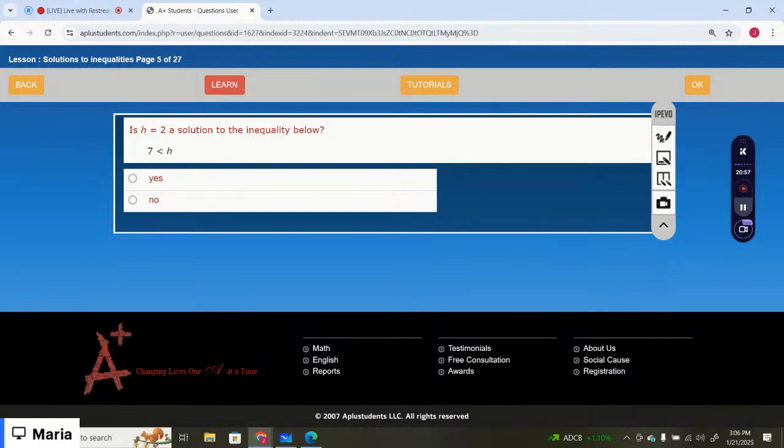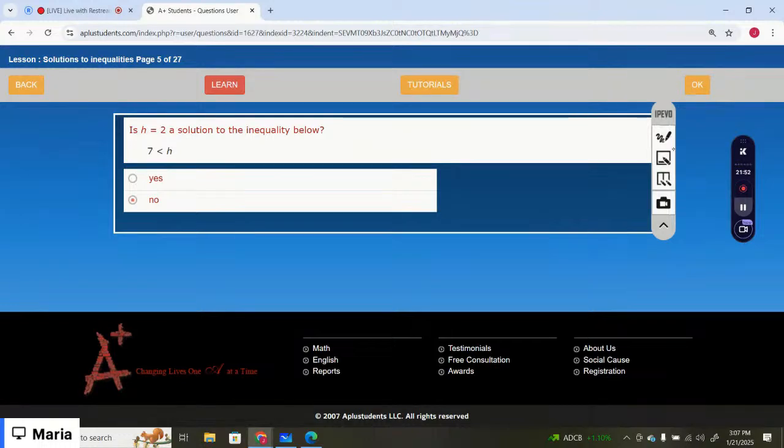Is h equal to 2 a solution of the inequality? 7 is less than 2.